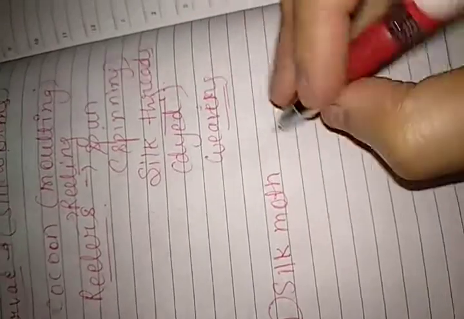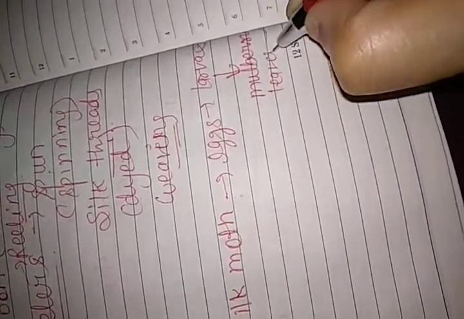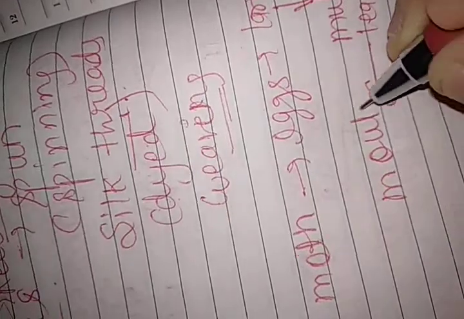Let us see. Number 1 is silk moth. Again, it lays eggs. Eggs hatch into larva or silkworm. These silkworms feed on mulberry leaves. They carry out molting, shedding of skin.